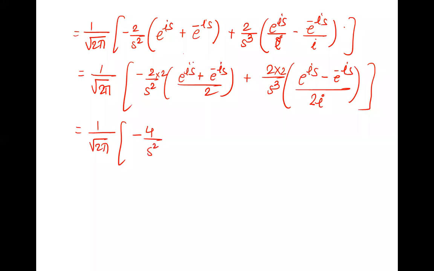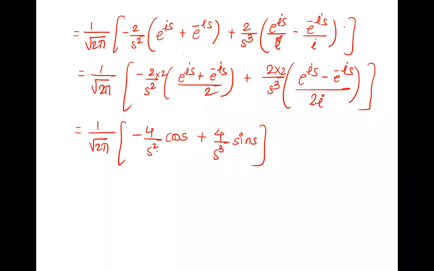What is this? e raised to i theta plus e raised to minus i theta upon 2, cos theta. So it is cos s, plus 4 upon s cube. This is what? e raised to i theta minus e raised to minus i theta upon 2i, sin s. Correct.